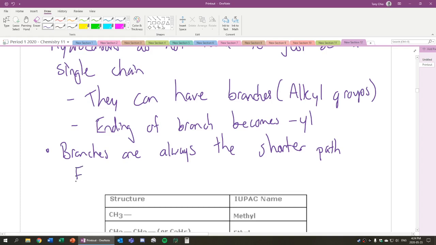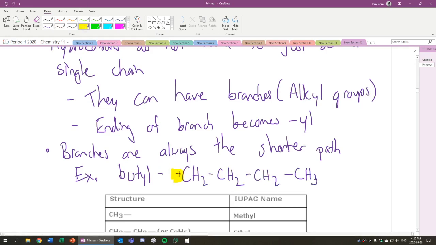So an example of this would be, let's say, a butyl group. Butyl, if I were to write the condensed structure, will be written as CH2, CH2, CH2, CH3. So in this case, this part will connect to the main alkane chain.